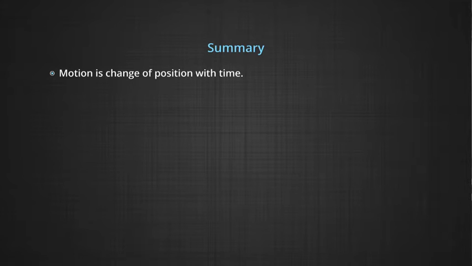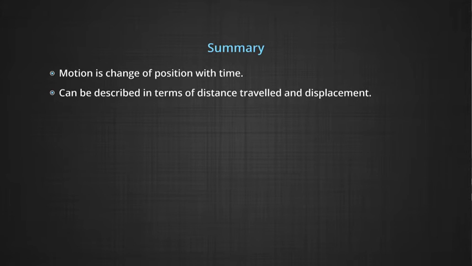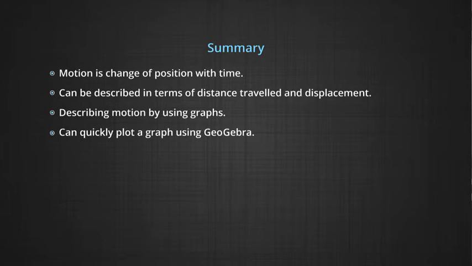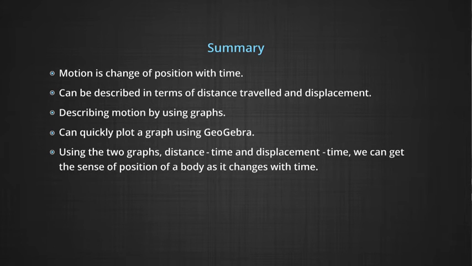So, we have learned motion is change of position with time. Motion is change of position and it can be talked of in terms of distance travelled and displacement, and time is important. You can describe motion by using graphs. You can quickly plot a graph using GeoGebra. You can plot both distance and displacement time graphs at the same time using GeoGebra, as we did in the case of the drunkard, and we get a sense of position of the body as it changes with time.